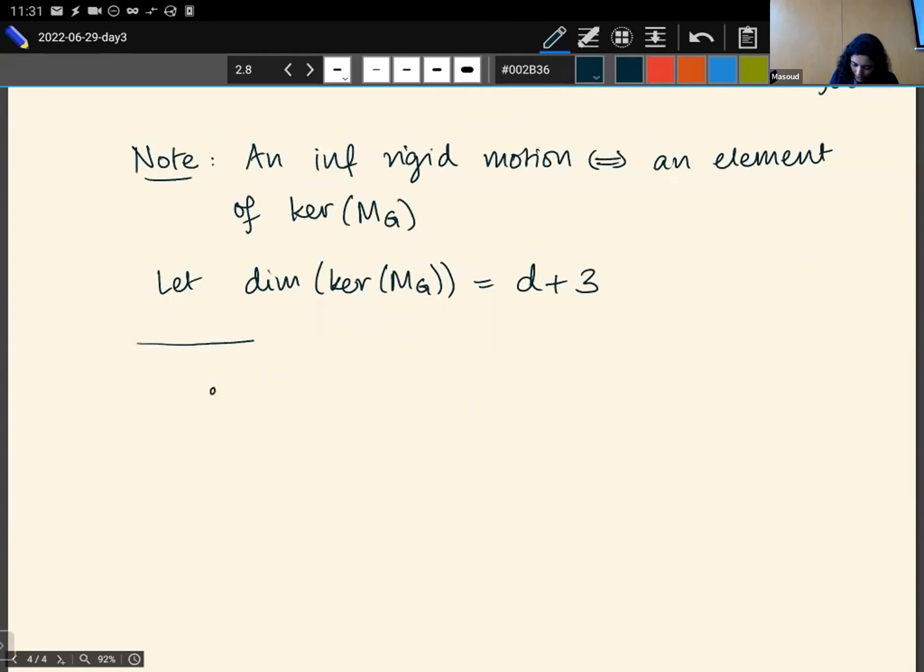Okay, so I'm going to introduce the following thing. Let me draw a picture first. So I have some framework, and it has certain edges. And what I want to do is assign a constant to each edge. The way to think about this constant is that each edge should be imagined as a spring, and this constant is the spring constant of that spring.